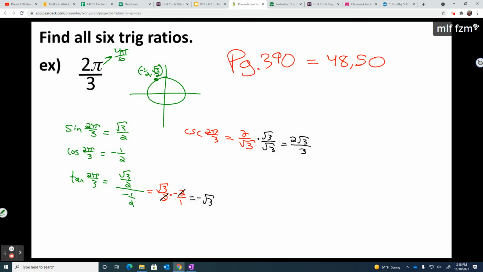Secant of 2 pi over 3 is the opposite of the cosine, so you flip it, which is negative 2. Negative 2 over 1. And then with tangent, we have cotangent. You flip this, it becomes negative 1 over radical 3.